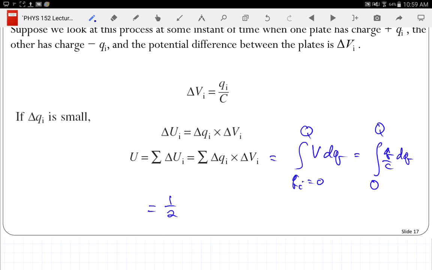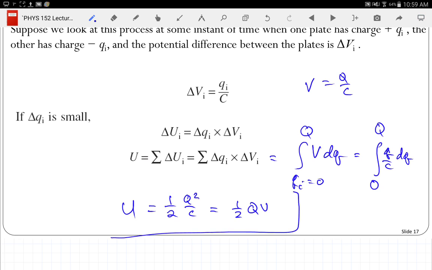And my limits are 0 to Q. So it's going to be 1/2 Q squared over C. Or since the total V is equal to total Q over C, that's also the same as 1/2 QV. So the total energy stored, with calculus, that was a straightforward calculation.